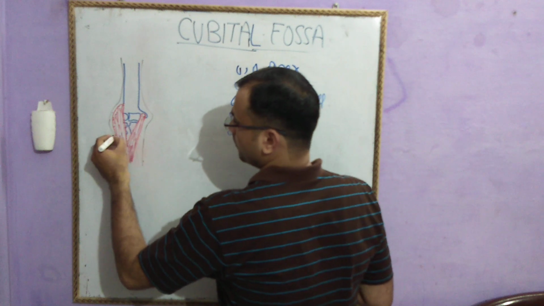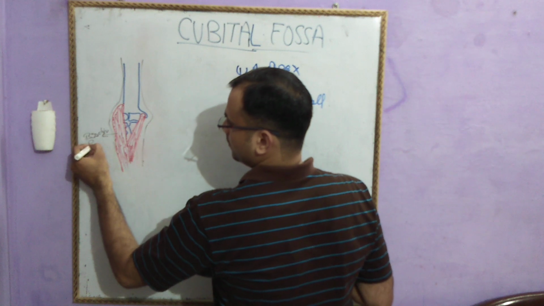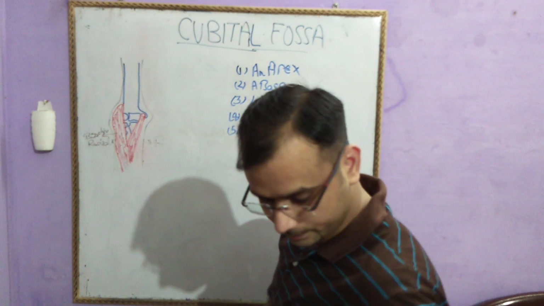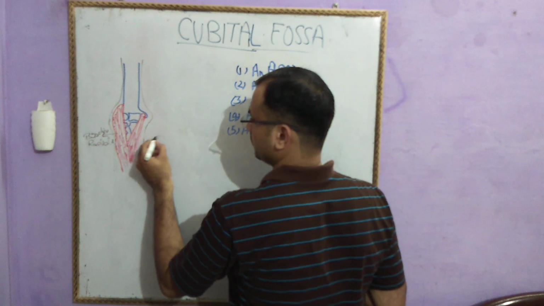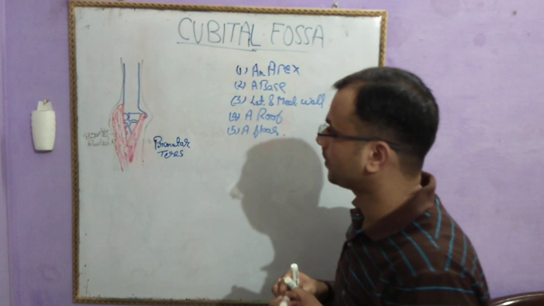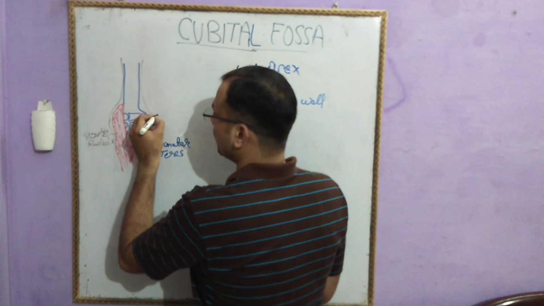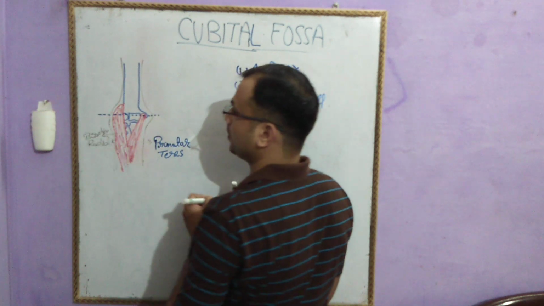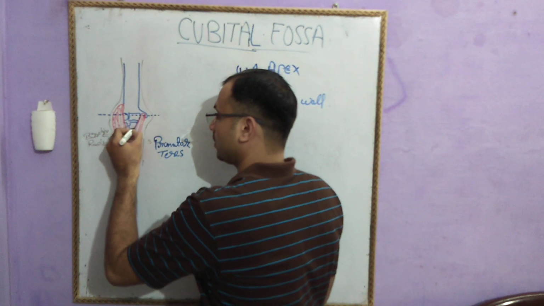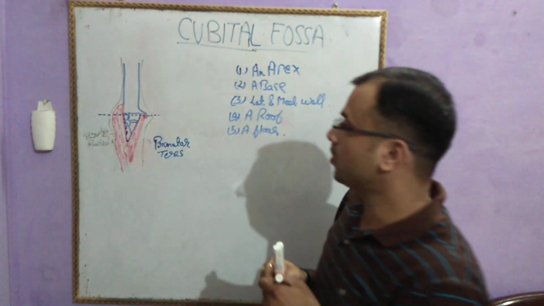If we draw an imaginary line from the medial epicondyle to the lateral epicondyle, this imaginary line demarcates the cubital fossa. So this triangular region is known as the cubital fossa.